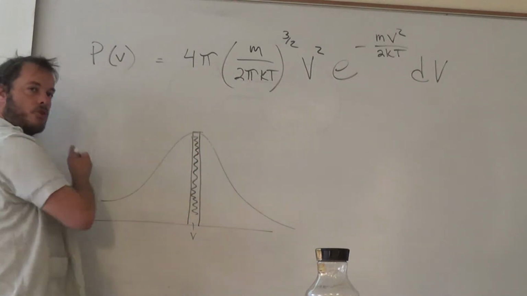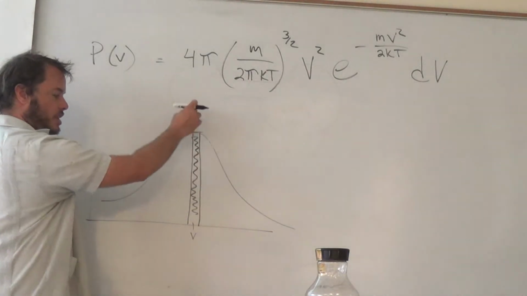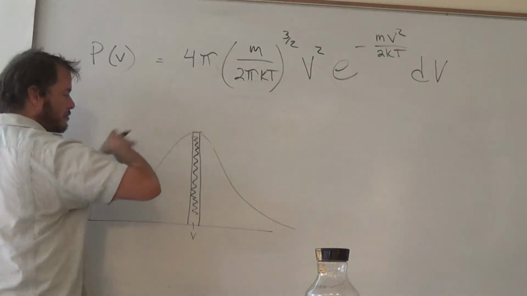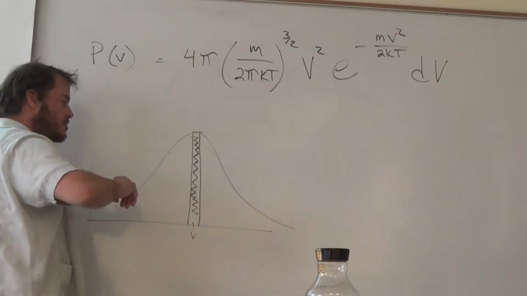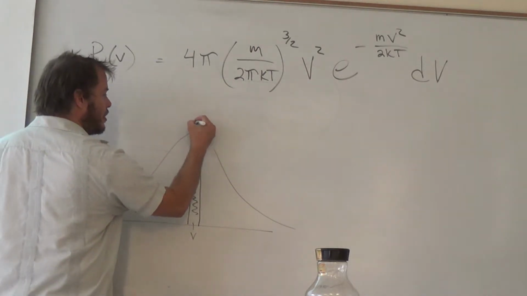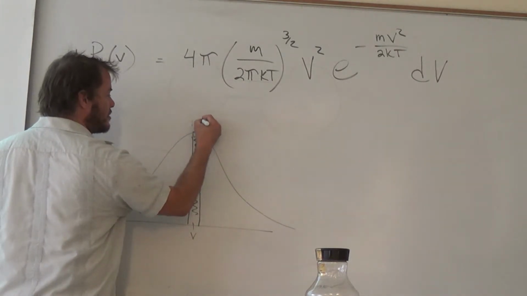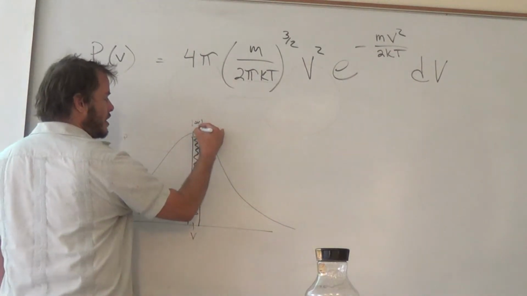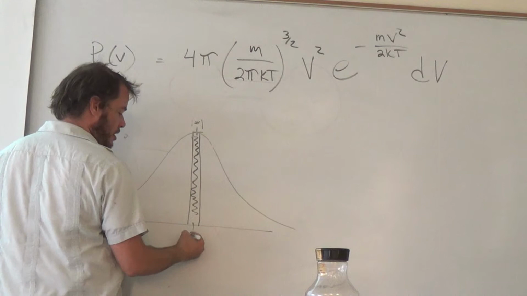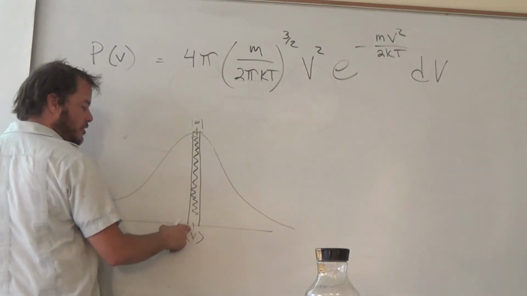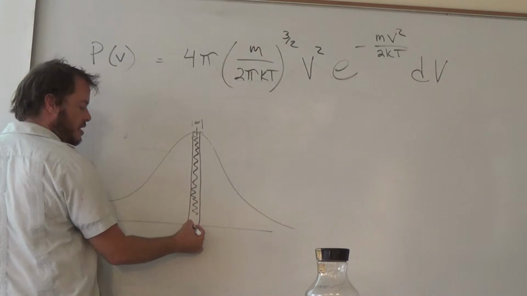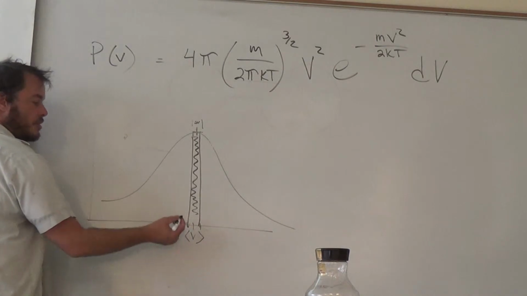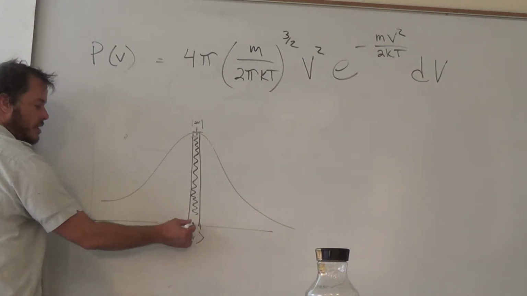The probability is proportional to the area inside that sliver. You can integrate that, accounting for infinitesimal changes, or you can just estimate: if I know my delta v and I know the probability, then I can figure out an average v. So we're looking for the probability that v lies between this velocity and this velocity.